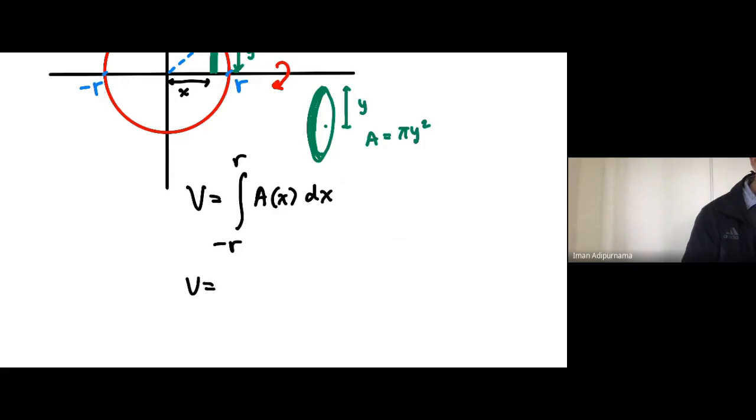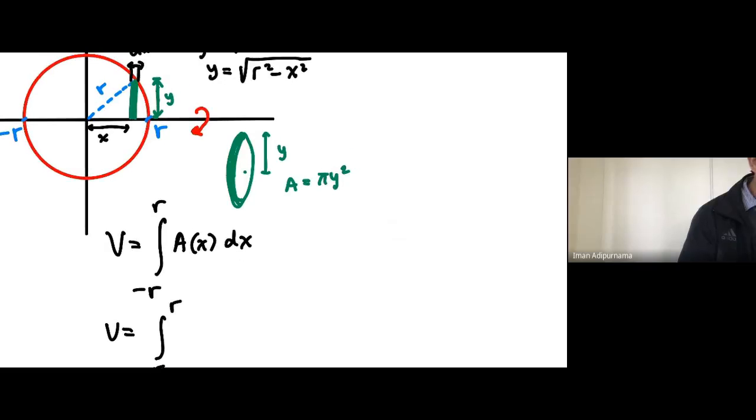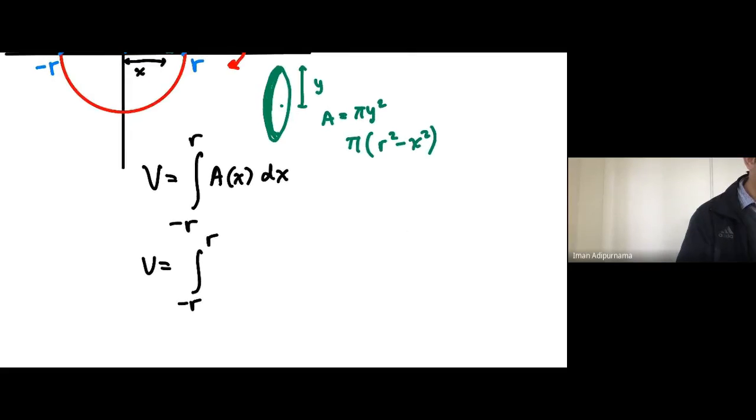And then we can write this as pi y squared, but we can change it to r squared minus x squared, right? From our relations.